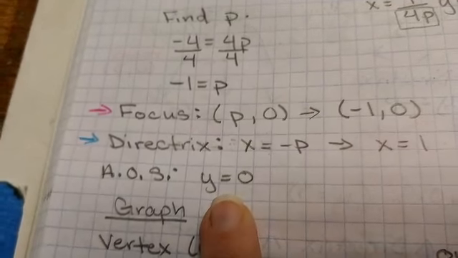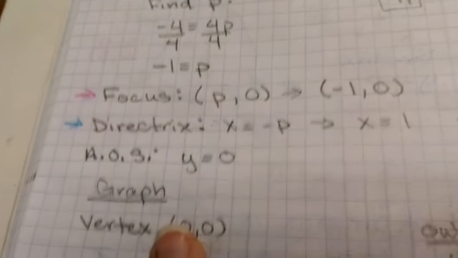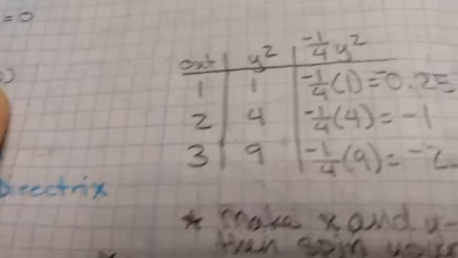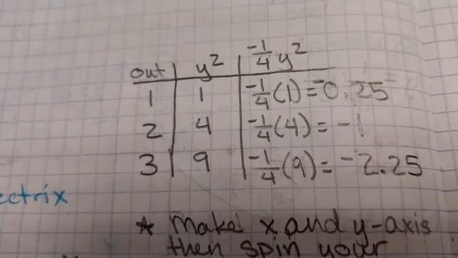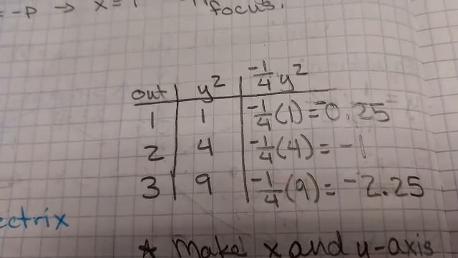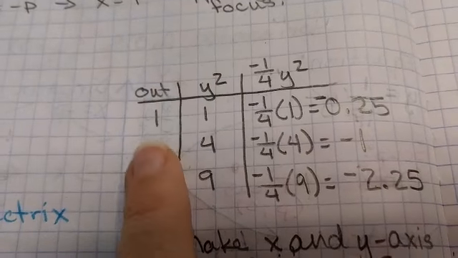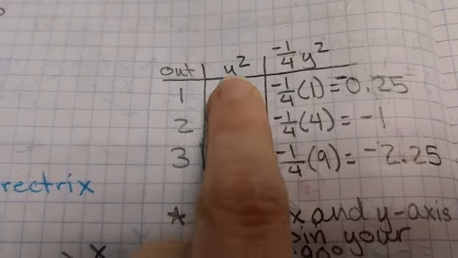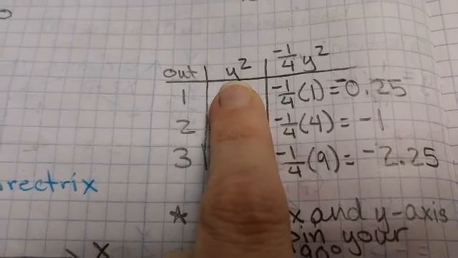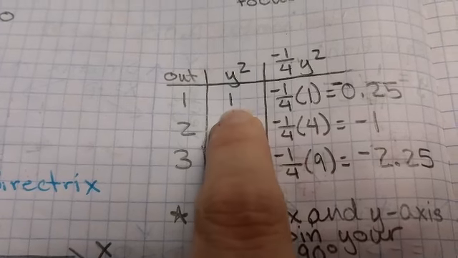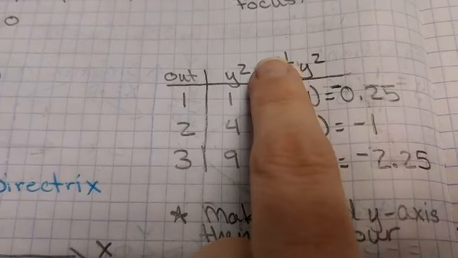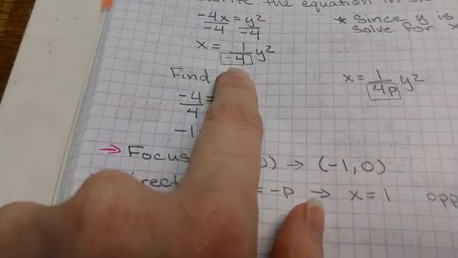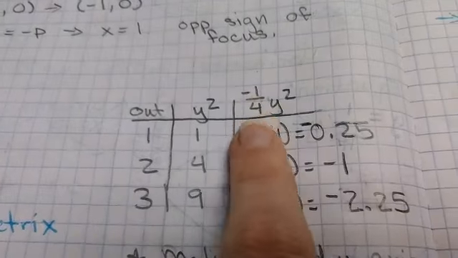My next goal is to graph. I know that my vertex is going to be at (0, 0). Then I'm going to build my table that we are all familiar with: out 1, 2, 3, and our y squared, or x squared is usually what we use, but we're using y squared because we're working on the side: 1, 4, 9. Then our a, from up here, we found was negative 1/4, so I plugged in negative 1/4 y squared.